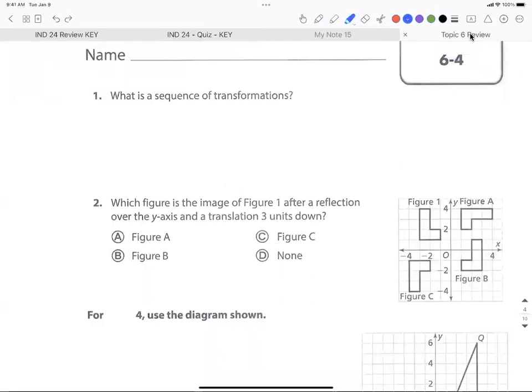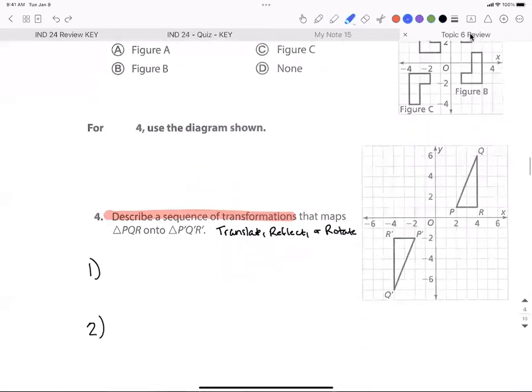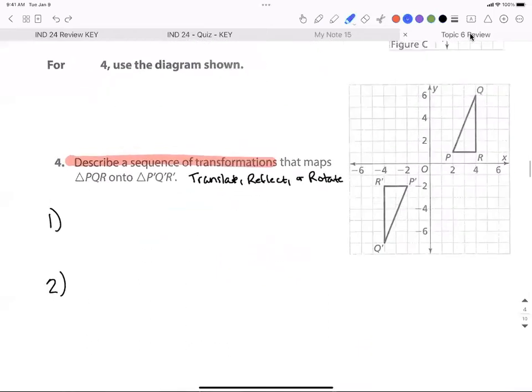Not much here except on number 4, when it says describe a sequence of transformations, you cannot say moves, or flips. You've got to use the correct terminology. You've got to say things like translates, reflects, rotates. If you say translates, you're going to have to add up, down, left, right, so many units.